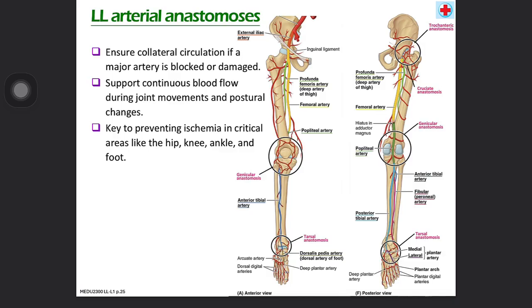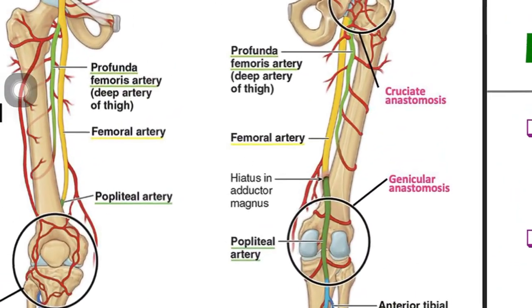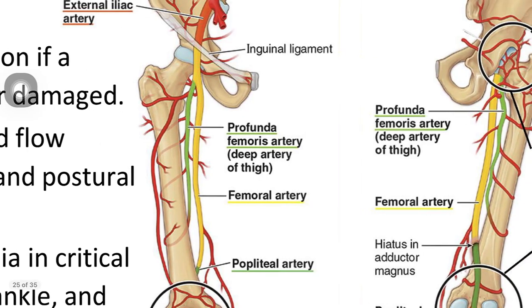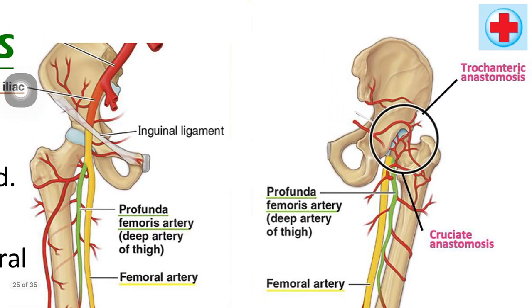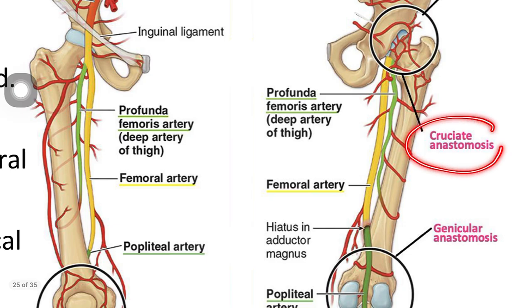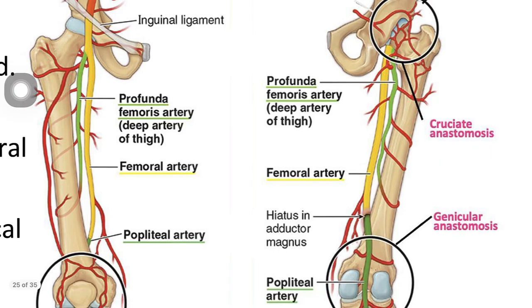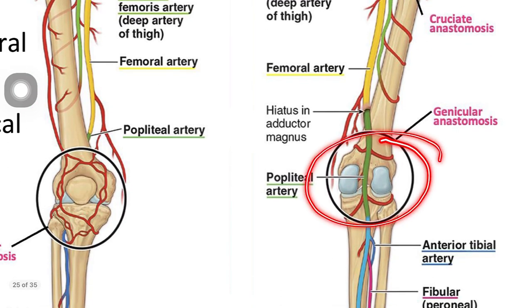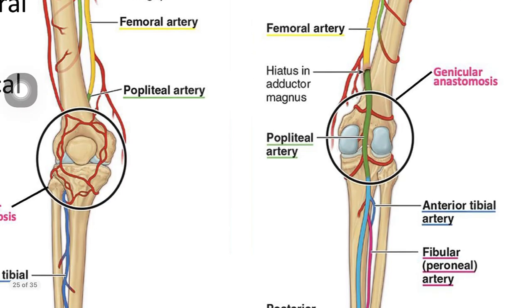So when you see the names here, there are several. Trochanteric anastomosis, cruciate anastomosis. At the back of the knee, we have the genicular anastomosis.